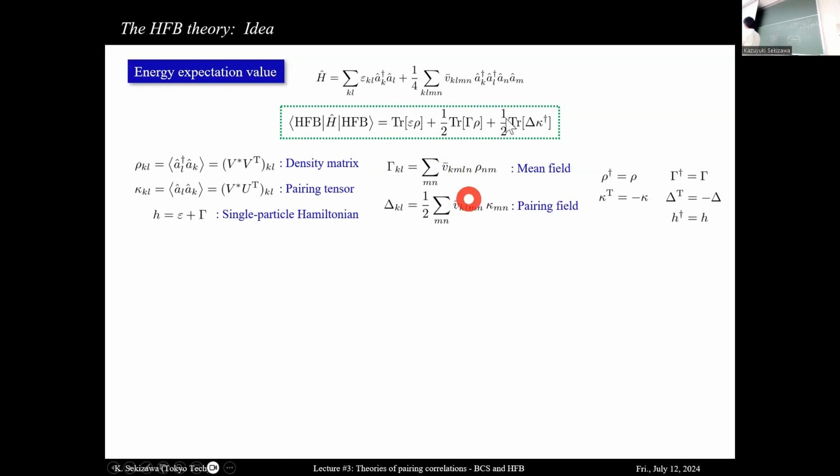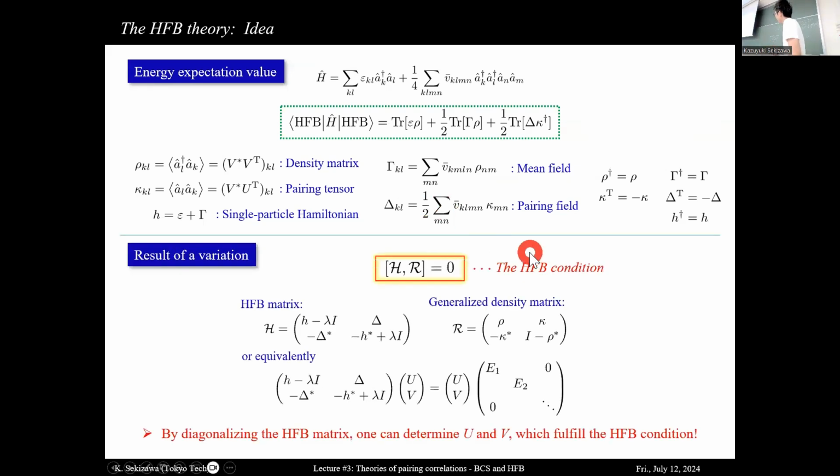So this V bar comes from this two-body interaction, and just by taking the variation, we can get the mean field and the delta pairing field. And by taking the variation, yeah, we can get the so-called HFB condition.